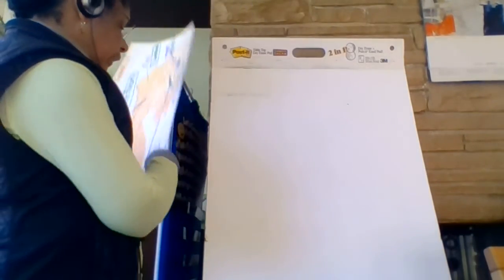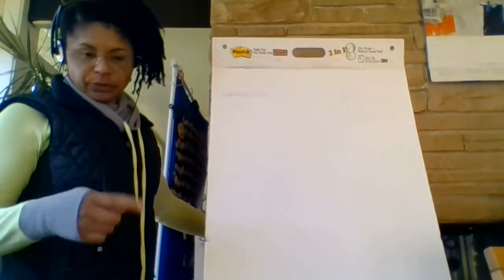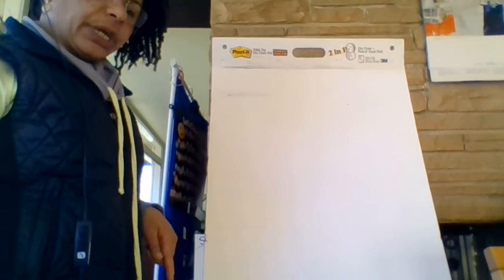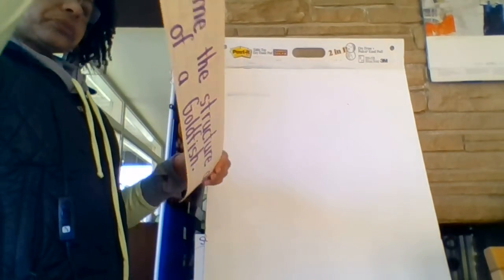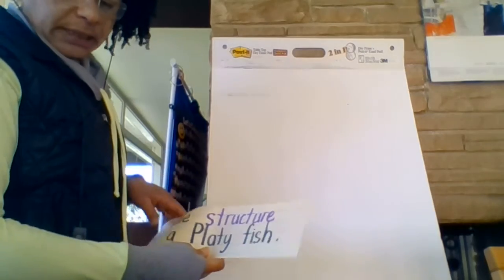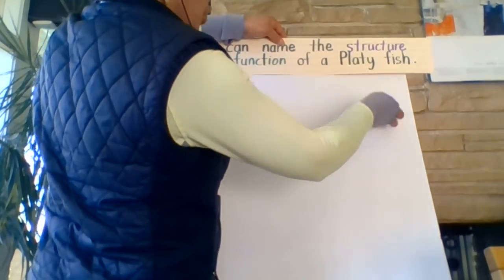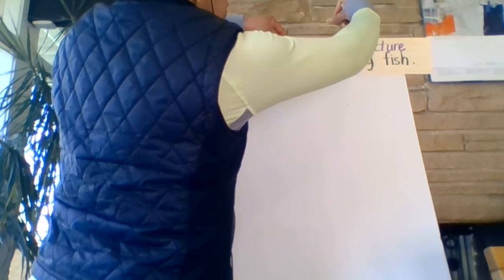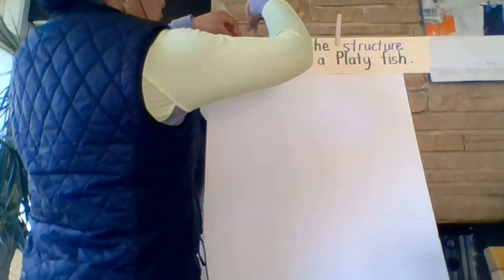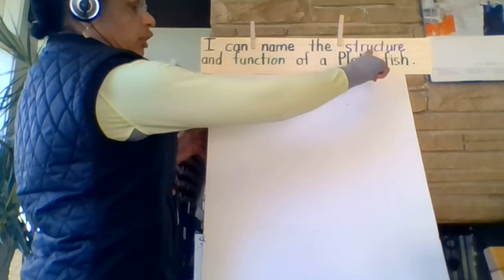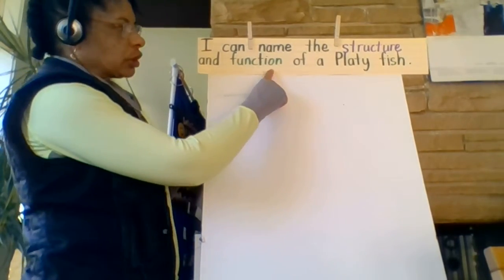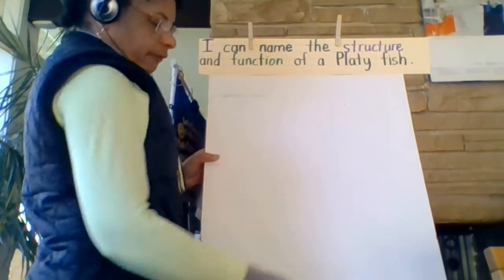But since we couldn't do that and I do not have any more material to do it again, we are going to do the same activity but with a different fish. I'm going to teach you about the structure and function of a platy fish.